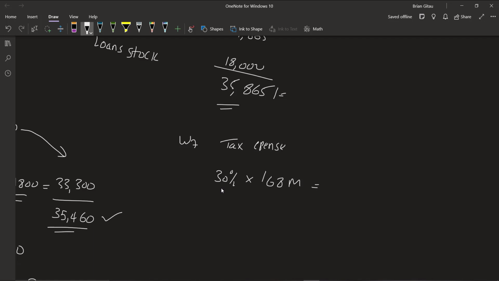This is giving us 50,400,000. And also recall that we are given that the deferred tax was 36,000. So there is a change of 50,400 minus 36,000. This is giving us 14,400.